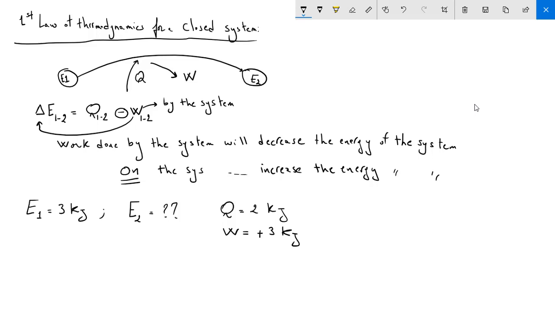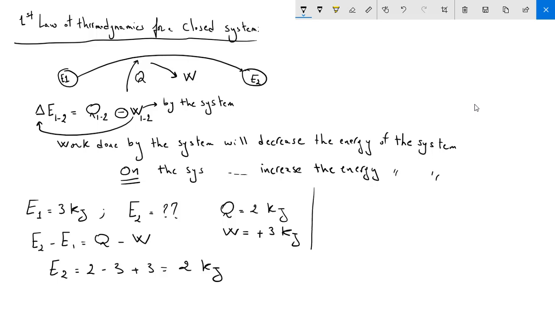So here work is done by the system, and here heat is transferred to the system. So what is E2? We will say that the change of energy E2 minus E1 is Q minus W. So E2 will be equal to 2 minus 3 plus 3. So it will be 2 kilojoule.